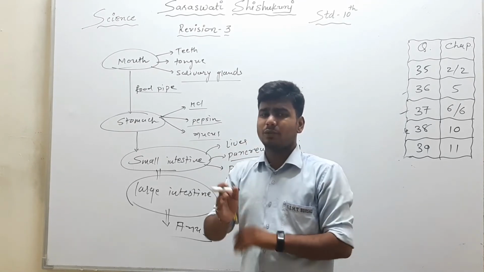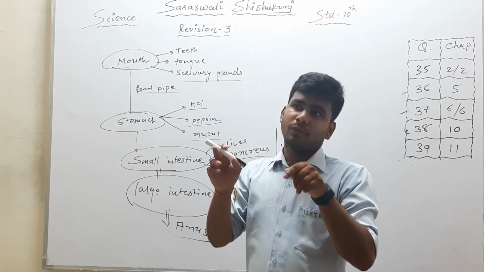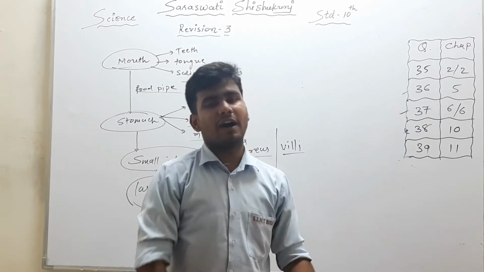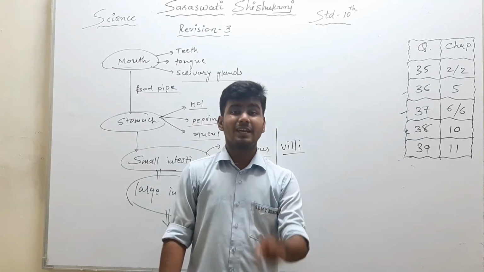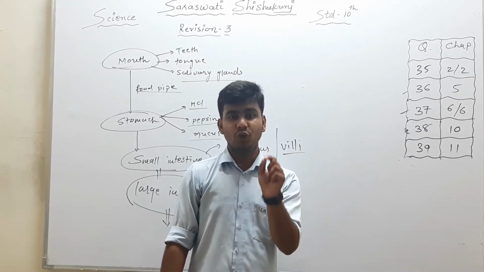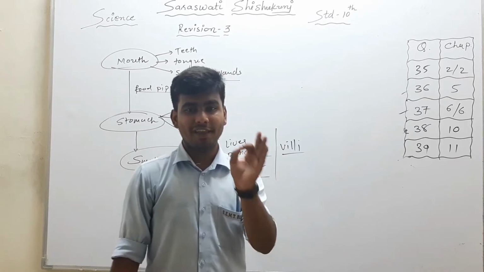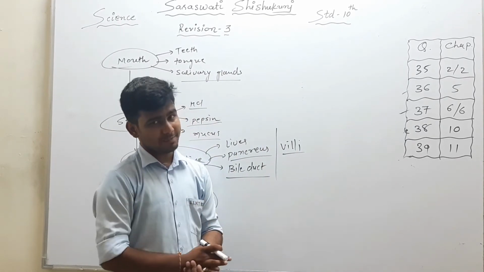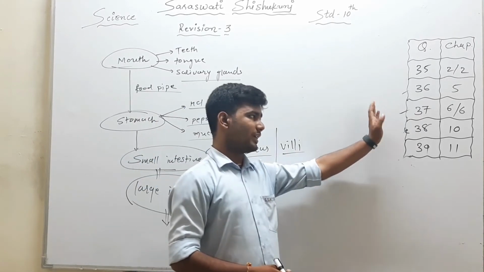So we can divide these questions: how our respiratory system is and what the mechanism of our respiratory system is, in 4 marks. This respiratory system of humans is also a very important question for 4 marks for your board examinations and for your unit test also.